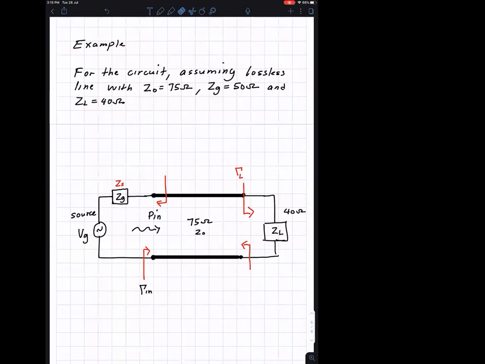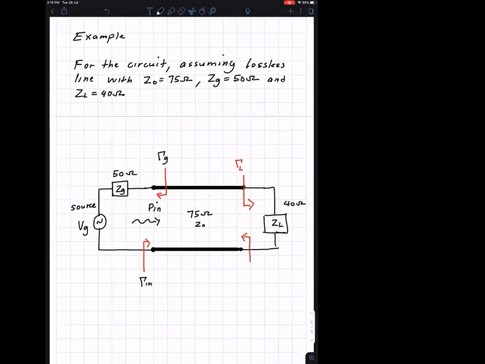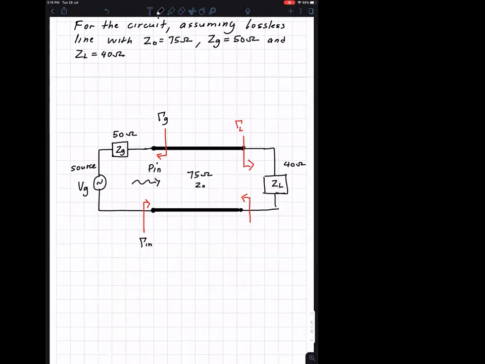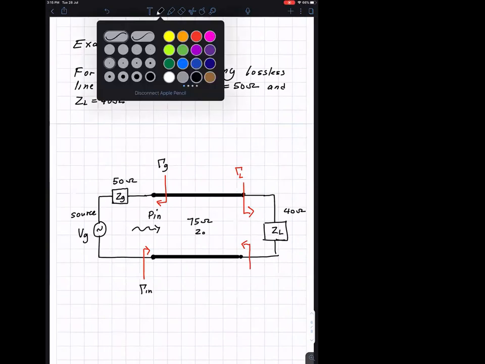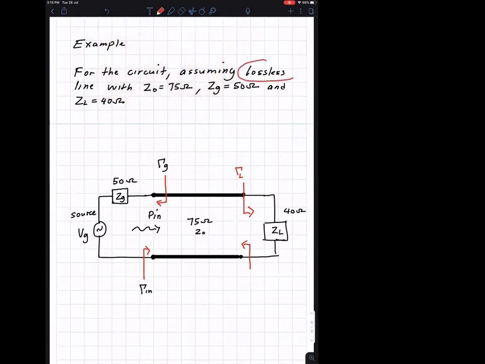So if this is a lossless line, we already told that this is a lossless line, right? This is a lossless line.